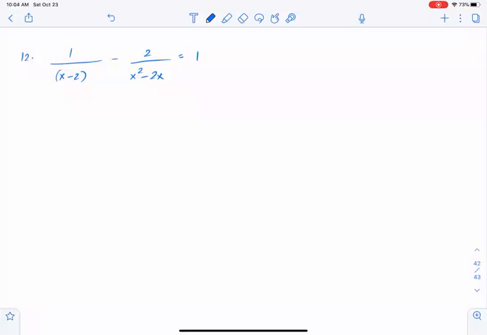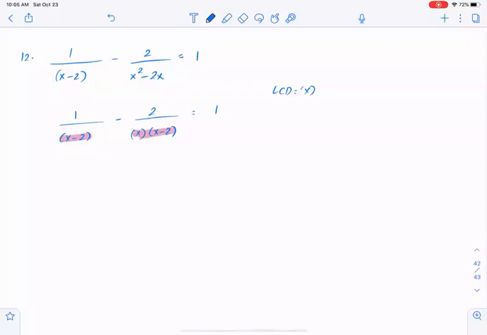So the first step here is to recognize that there is a common term, x, in the second denominator. And if I pull it out, I would get x times x minus 2. I have x minus 2, x times x minus 2.